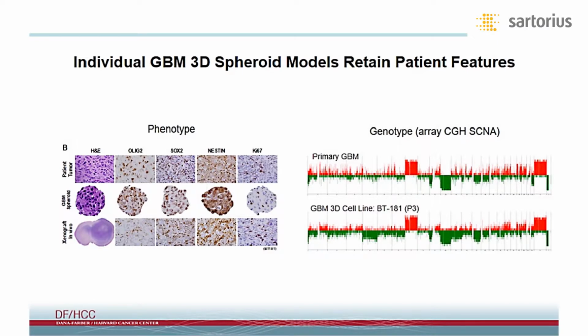And these types of tumors maintain both the morphology as well as the immunohistochemical and lineage phenotypes for glial markers such as OLIG2 seen within the patient. And on an individual patient level, we had known that the genotype also was preserved very accurately. Shown on the right is an array CGH profile showing gains and losses that are very characteristic for glioblastoma and that this is highly preserved.